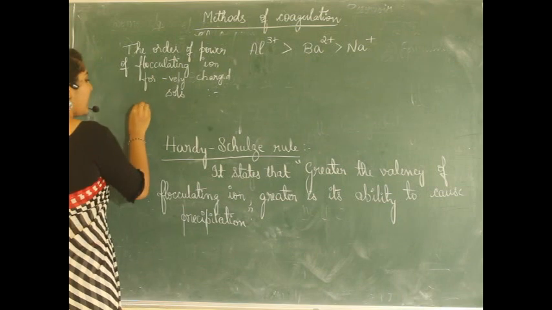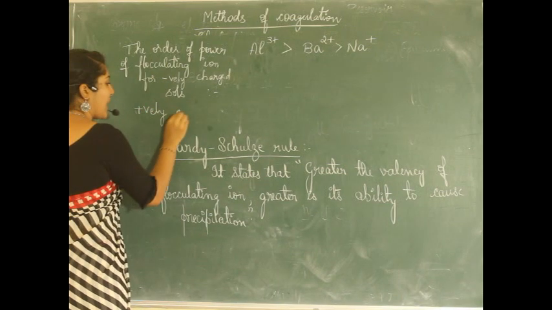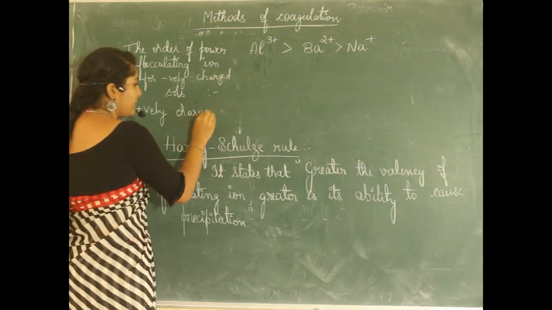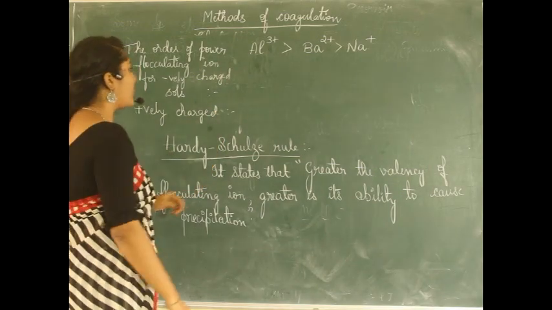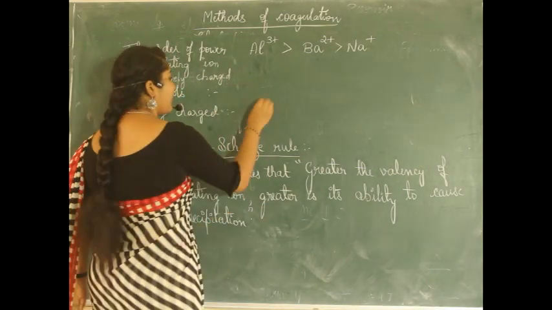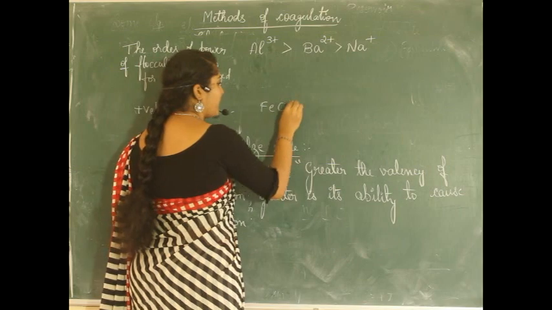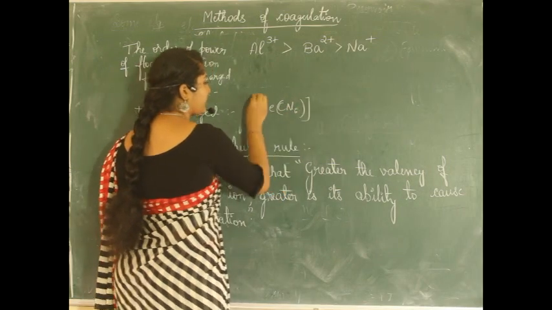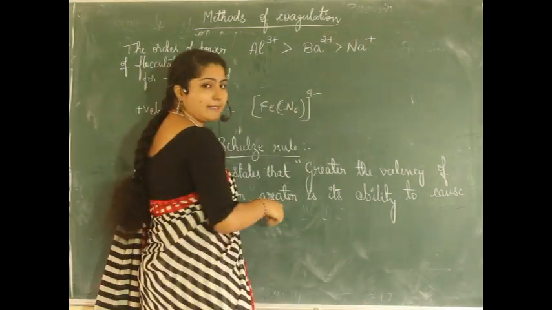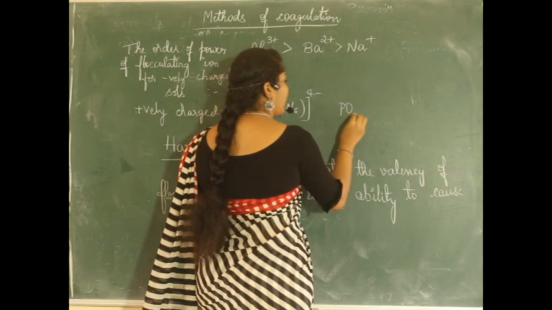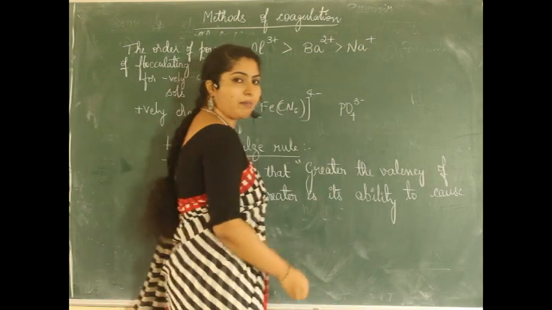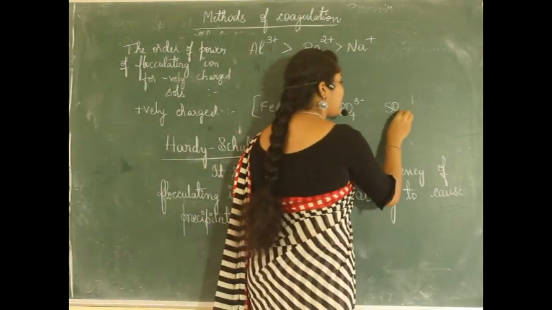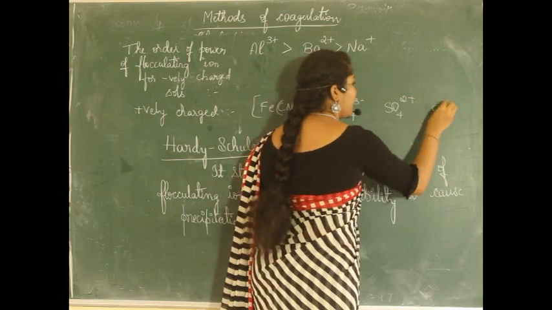Similarly, let us see in case of a positively charged sol, the flocculating power order will be, say we have Fe(CN)6 4-, PO4 3-, SO4 2-, Cl-.